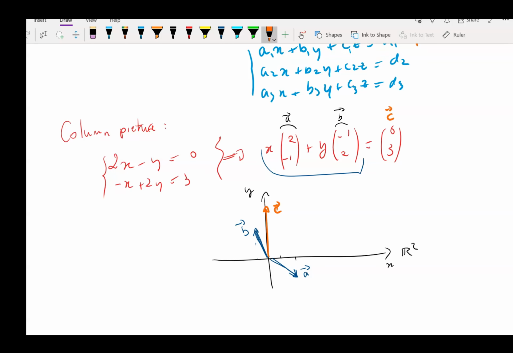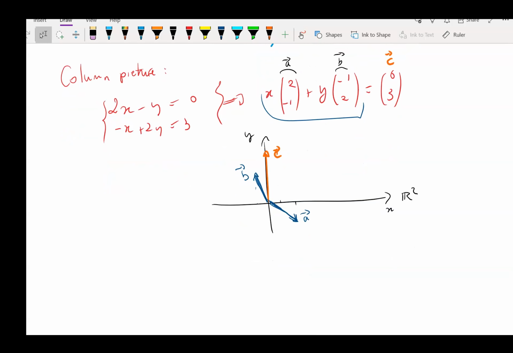Can I find x and y such that x times vector A plus y times vector B is equal to the vector C? As you already have some knowledge about this, you see that my vectors A and B are not collinear, so they can constitute a basis of R2, so that I can describe any vector, any point in R2, by a linear combination of these.